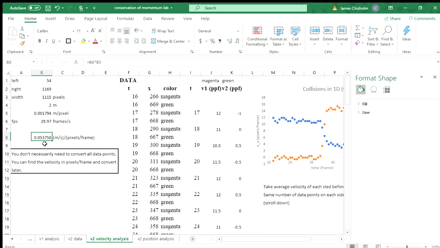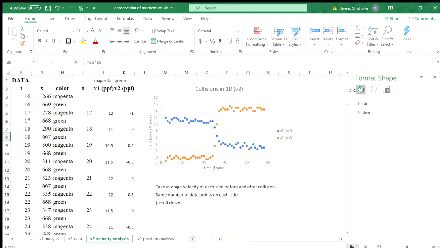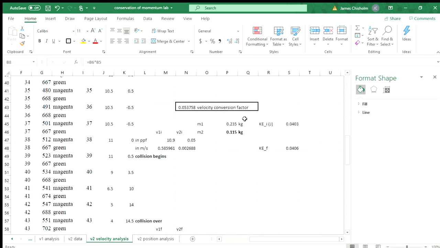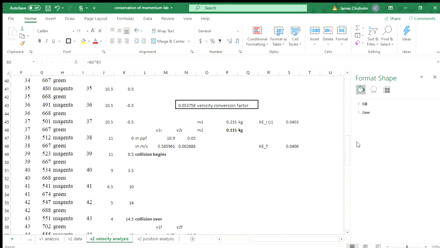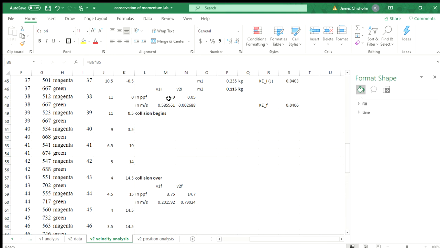So I've multiplied my velocity by this. If my velocity is in pixels per frame, ppf, it'll give me my velocity in meters per second. So that's that 0.053. And that's handy because I don't have to have a lot of new columns of data here. So I take my velocities here, this is sled 1, sled 2, and the initial values here are in meters per second.